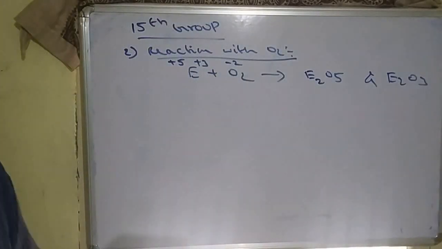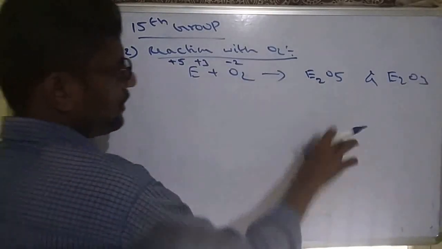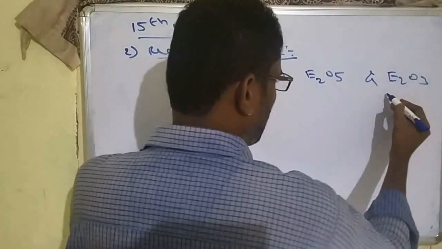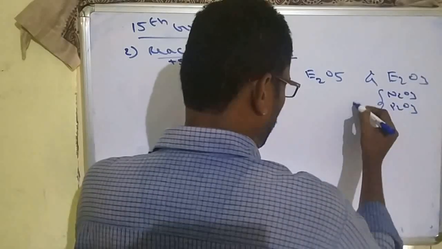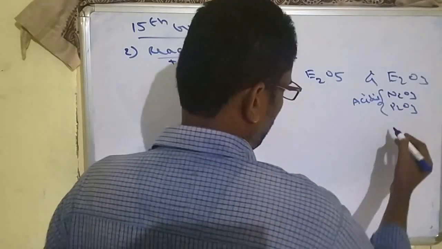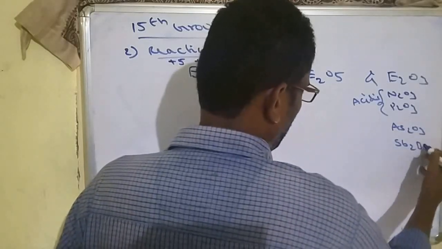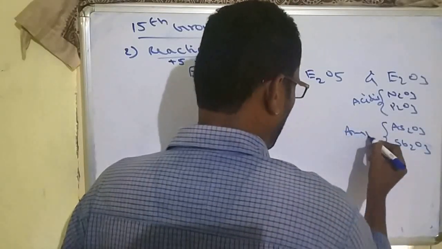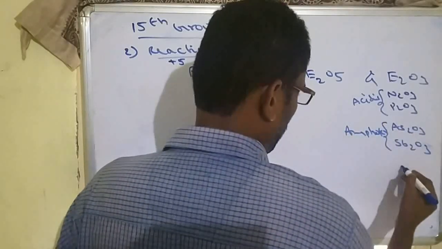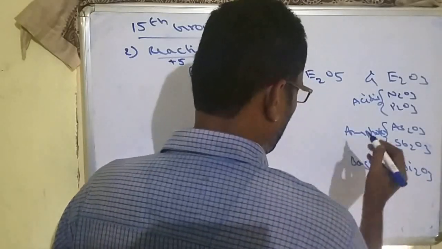But among trioxides, N2O3 and P2O3, these two are acidic in nature, whereas As2O3 and Sb2O3 are amphoteric in nature, whereas Bi2O3 will be basic in nature.